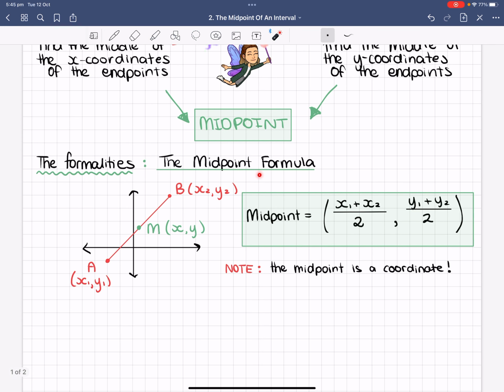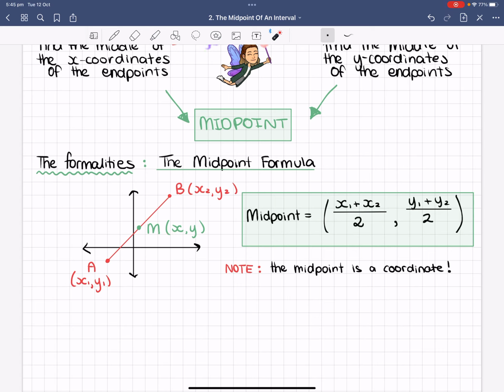So, the formalities again. We've got our formula. Here we've got 2 points, A and B, where we've got our x1 and y1 and x2 and y2. Remember, they're just to denote the two different points. And then our midpoint is just an x and y coordinate.